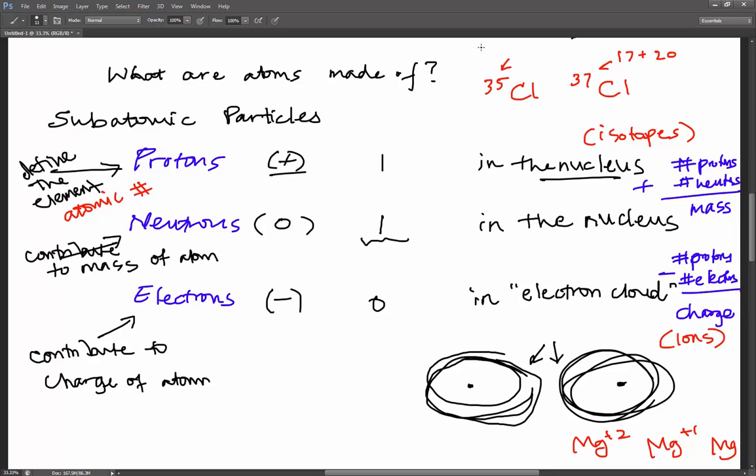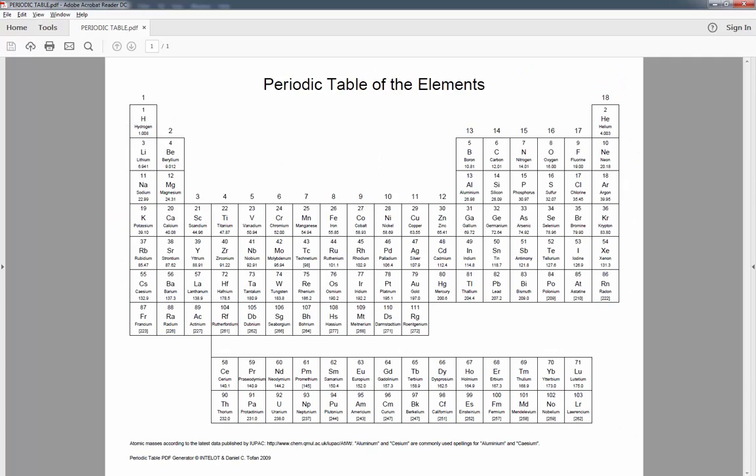Whereas in this case, if I have 17 protons, because by definition, if I'm chlorine, I've got 17, then this isotope must only have 18 neutrons, right? So these would be two isotopes, but they'd both be chlorine, and chemically they would react in the same way. So interestingly enough, if we look on the periodic table, you're going to see some masses here that are fractions.